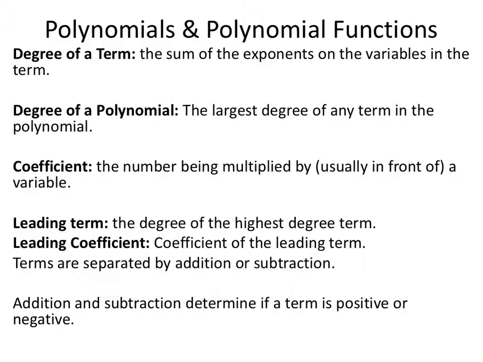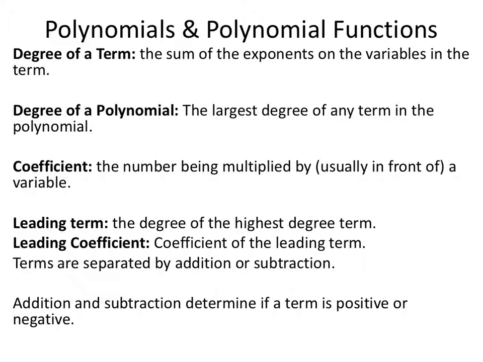The degree of the polynomial is the largest degree of any term in the polynomial, so we just look for the highest power, really. And then the coefficient is usually the number in front of some variable. It's being multiplied by the variable. The leading term is the term with the highest degree, and then the leading coefficient is the leading term's coefficient.